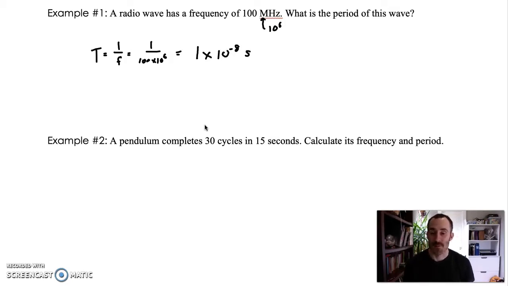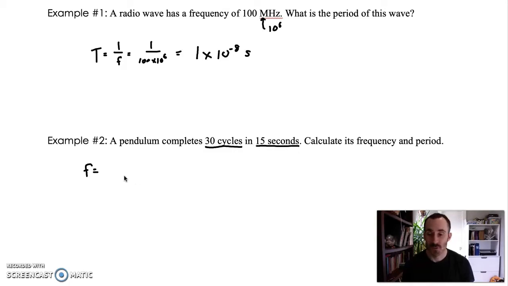The second example, a pendulum completes 30 cycles in 15 seconds. Calculate its frequency and period. Frequency. So it tells us the number of cycles that were completed, and it tells us the amount of time that passed.